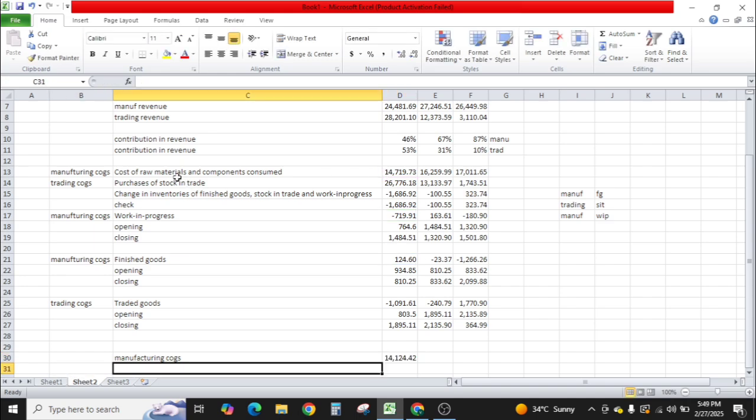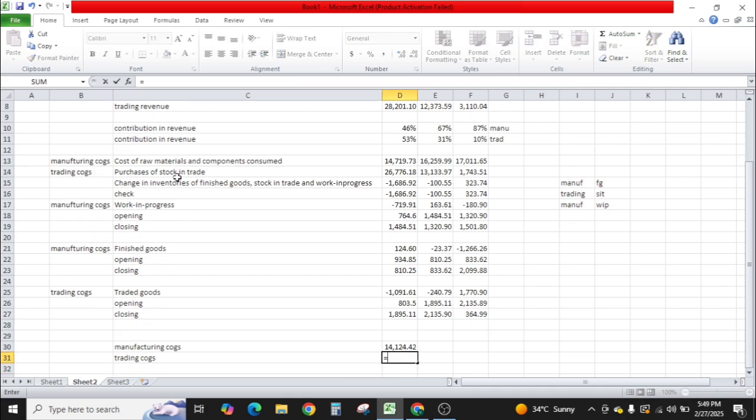Now for trading COGS, it will be traded goods plus purchase of stock in trade. So now see, we have taken two line items in manufacturing COGS and one line item in trading COGS.